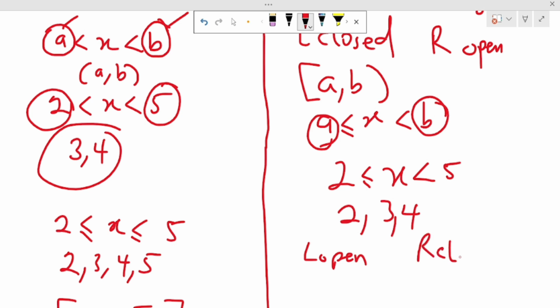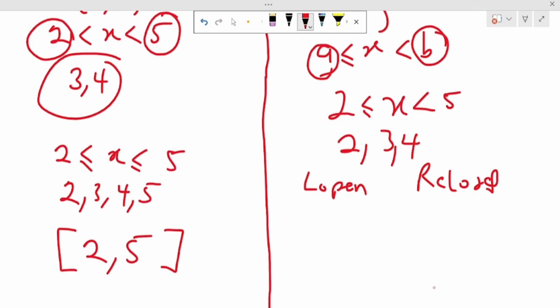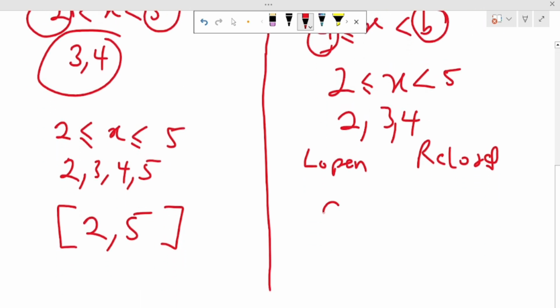For this, we say A is less than X, which is less than or equal to B. So for this, A is not included when we are writing the interval, but B is included.